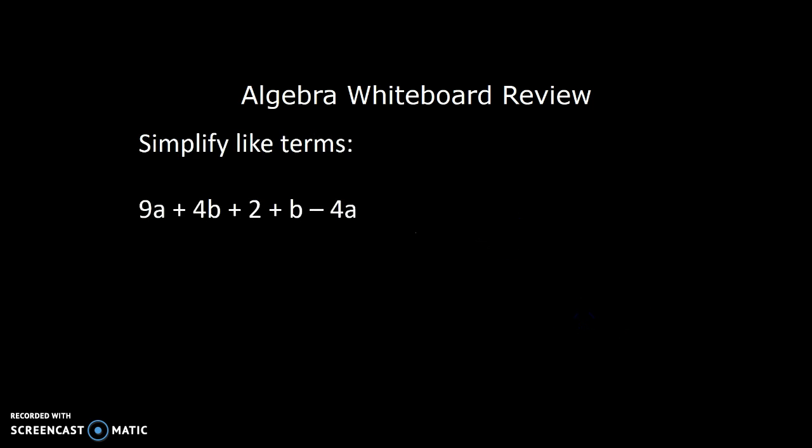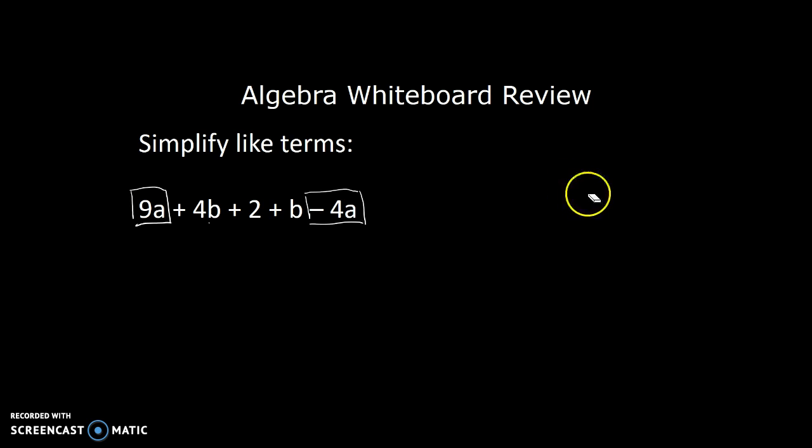All right, now we're going to simplify like terms. And I'm going to go ahead and do this with the boxing like I showed you guys. So I'm going to box my a terms first. I have a couple different types of terms in here. I've got my a terms right here and here, and I've got b terms right here and here, and then I just have a 2 all by itself. So I'm going to use 3 different colors.